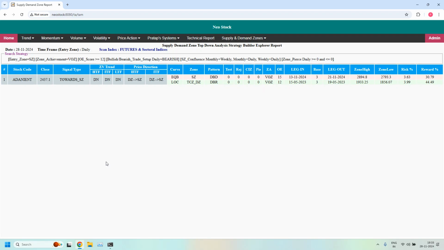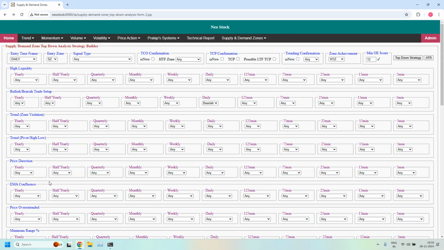If this supply zone is having weekly EMA confluence, it could be even more high probability setup. Let's verify. Not weekly, monthly. Because daily zone is part of weekly, both together again part of the monthly zone. That's why we need to look for monthly.